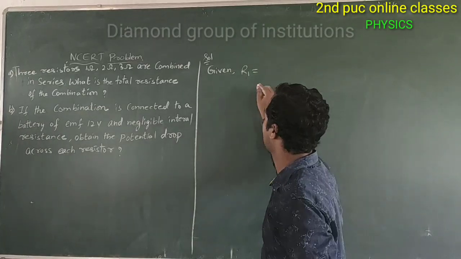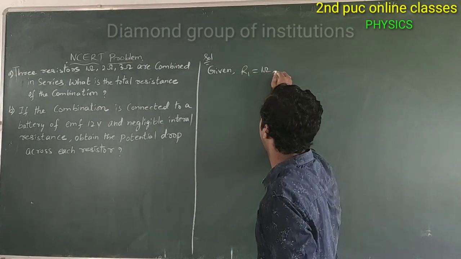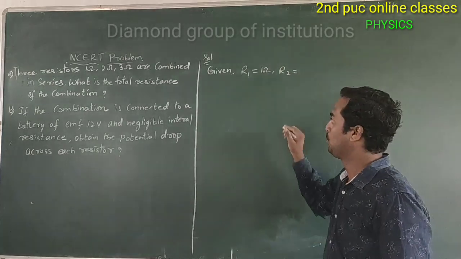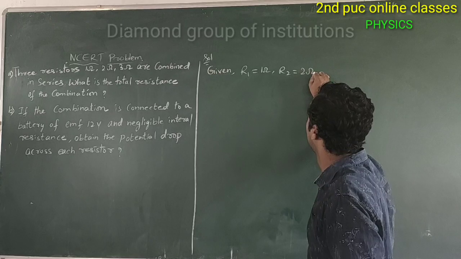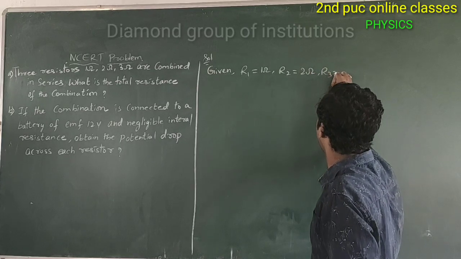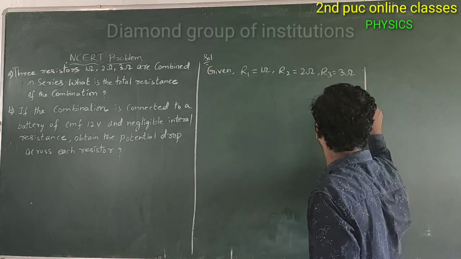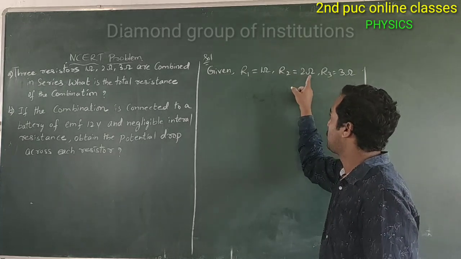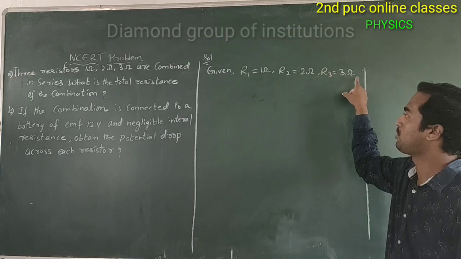First resistance value is how much? R1 equal to 1 ohm, R2 equal to 2 ohm, R3 equal to 3 ohm.